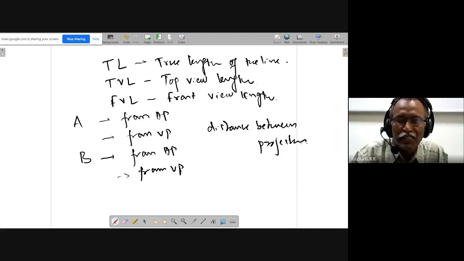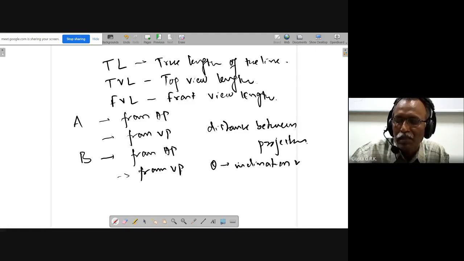And if it is an inclined line, we call theta the inclination with HP and phi the inclination with VP. So you have to remember all this notation.